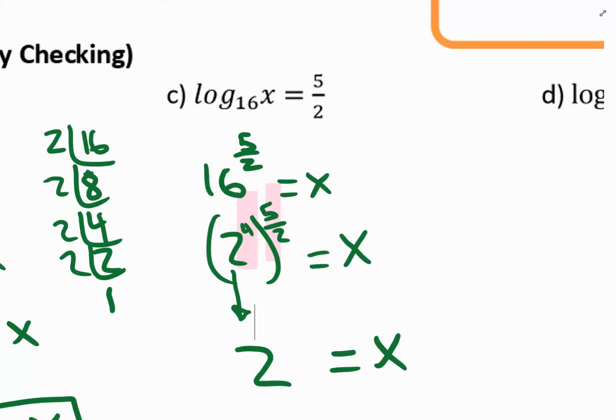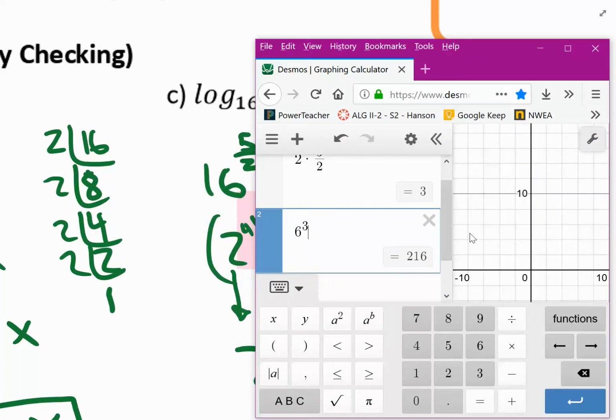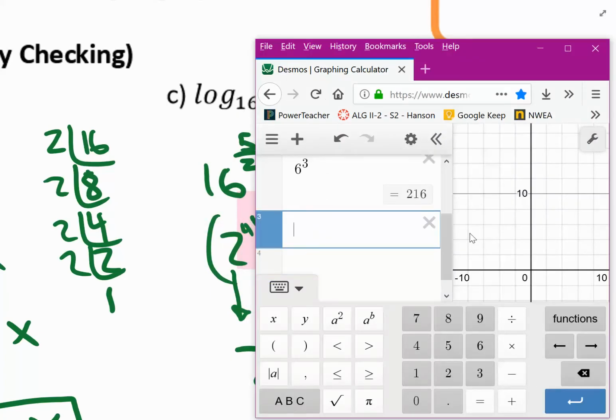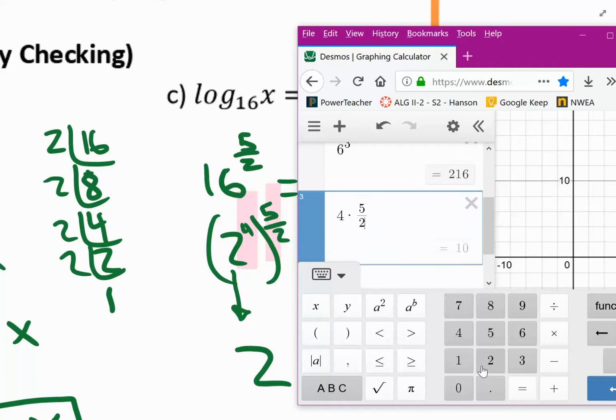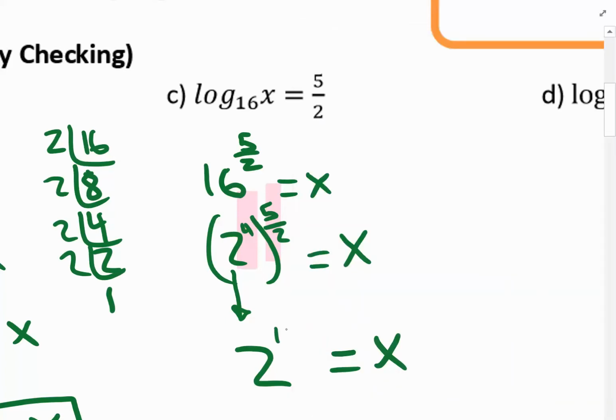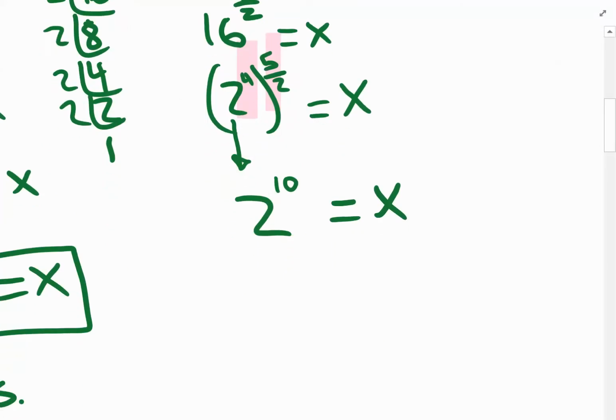So back to that Desmos calculator. I'm going to hit enter to go to the next box. 4 times 5 over 2. 4 times 5 over 2 is 10. Oh boy, I'm realizing this is going to be a big number. 2 to the 10th power.